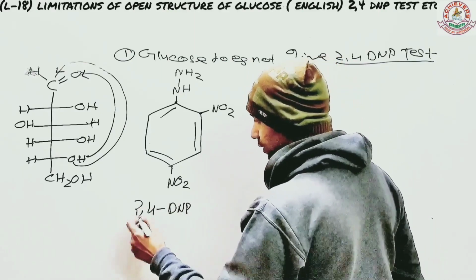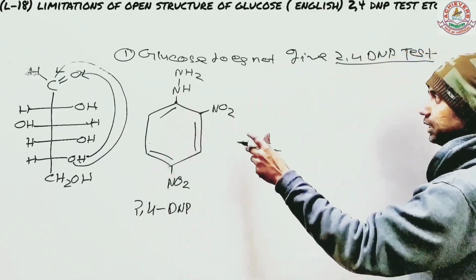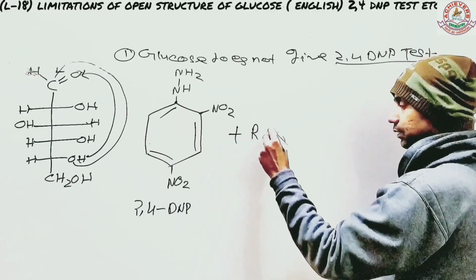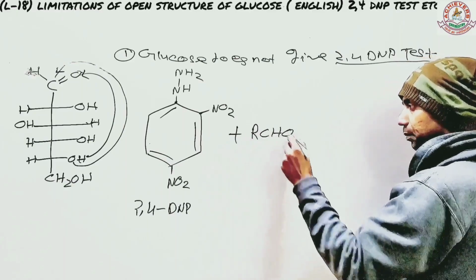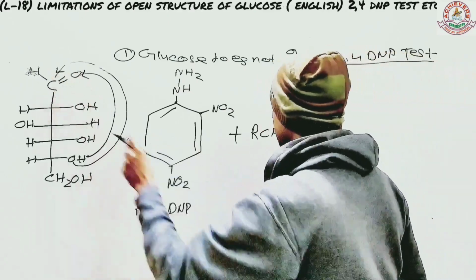Now the question is, what happens if this 2,4-DNP reacts with an aldehyde group, which we believe the glucose has on the very first carbon.